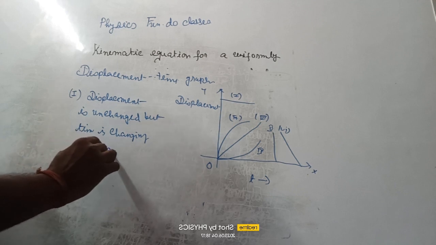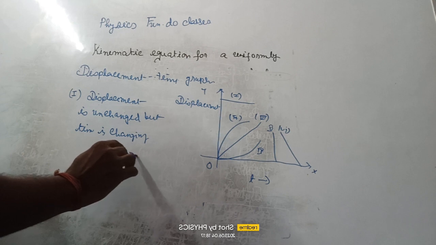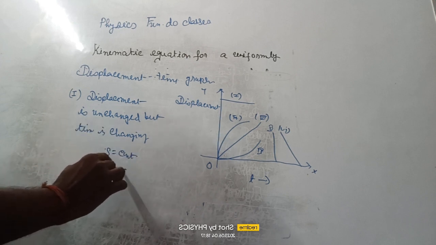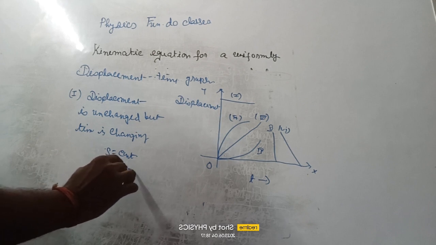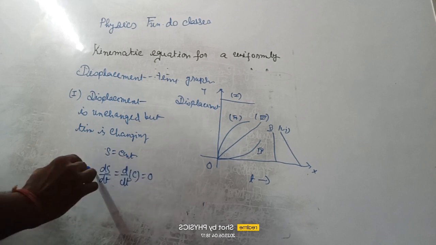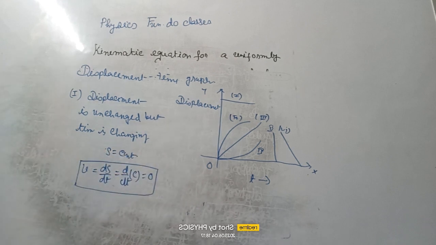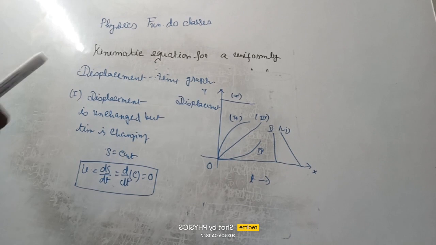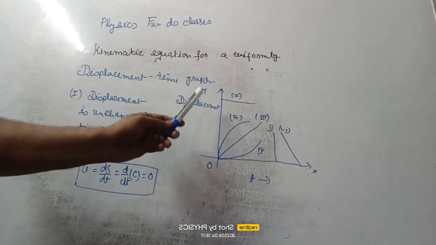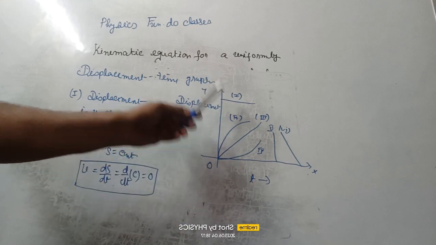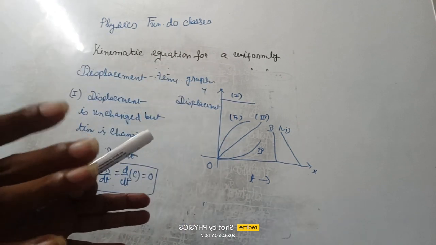Displacement S is constant. Now rate of change of displacement, ds by dt, is equal to d by dt of a constant. d by dt of a constant is 0. So the velocity of that particle obeying that equation is 0. Now we can depict it in another way. If the displacement time graph is parallel to the time axis, then the velocity of that particle is 0.